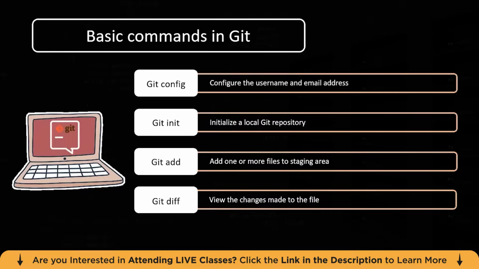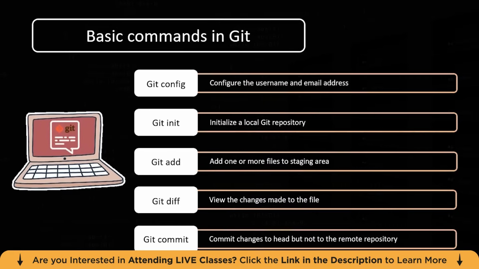So if at any moment, before doing any kind of commits, you want to do some kind of review and see what different changes you have done, you can go for the git diff command. So git diff is used to see the difference or the modifications which you have done recently to the specific file, right?